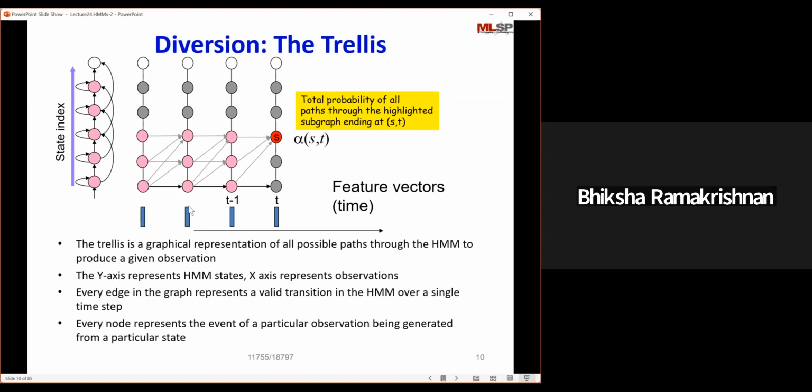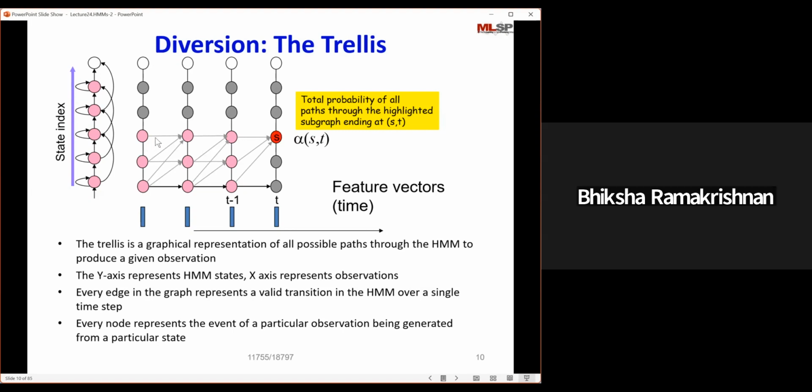So each node has a time index and a state index and represents the event of generating that particular observation from that time index while being in the state represented by the state index. Now, in this trellis representation, any given path through this graph represents a valid state sequence.